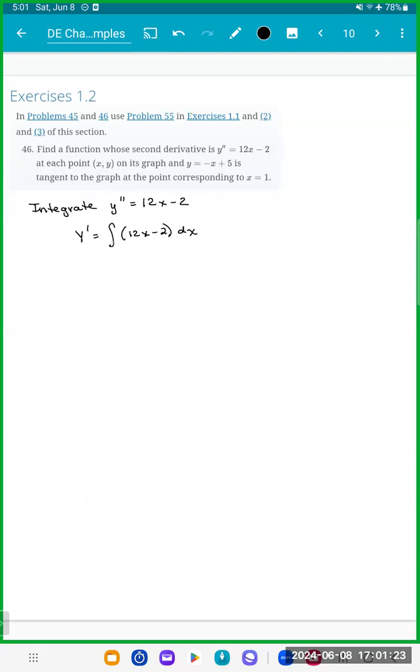As a quick refresher, when we're integrating, that's really just 12x to the 1, we're adding 1, and then since the exponent was 1, we're also adding 1 on the denominator, minus 2x, and don't forget we have to add that constant out there, and we'll just call it C1. Okay, when we simplify this, we end up with 12 divided by 2 is 6, x squared minus 2x plus C1.